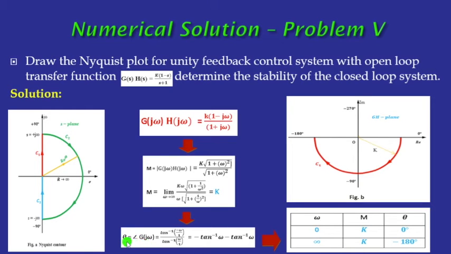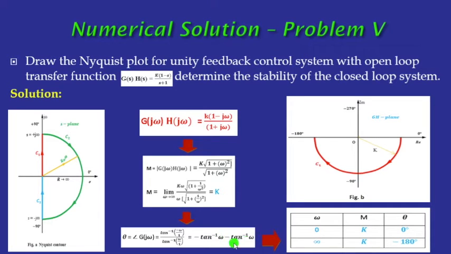So when we put omega equal to 0, then calculate theta. The phase angle formula is tan inverse minus omega by 1 and tan inverse omega by 1. Tan inverse minus omega by 1 gives simply minus tan inverse omega, and this is minus tan inverse omega.